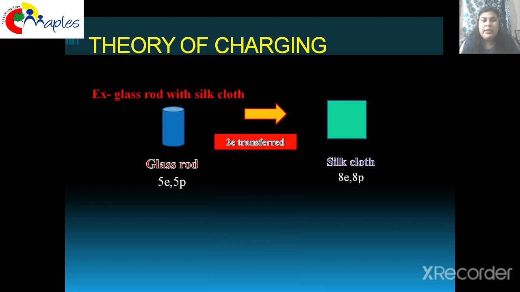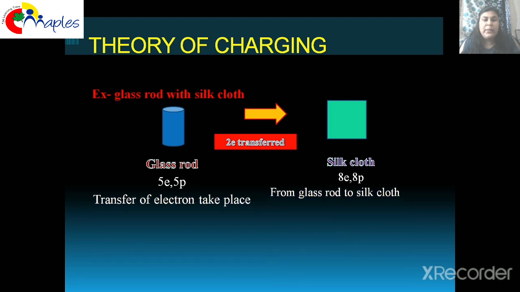Now we think that 2 electrons are transferred. The transfer of electrons takes place from the glass rod to the silk cloth. So the 2 electrons from the glass rod are transferred to the silk cloth.